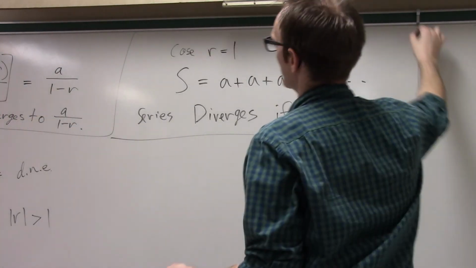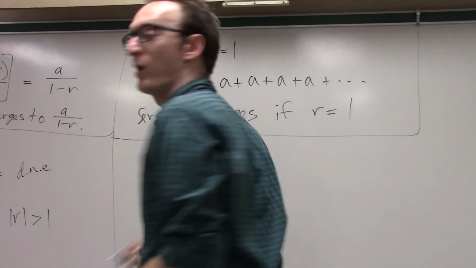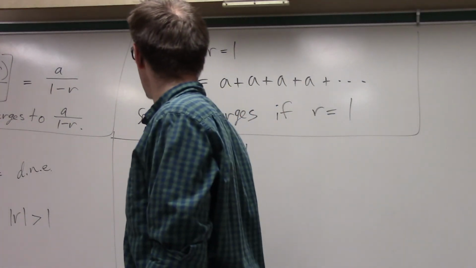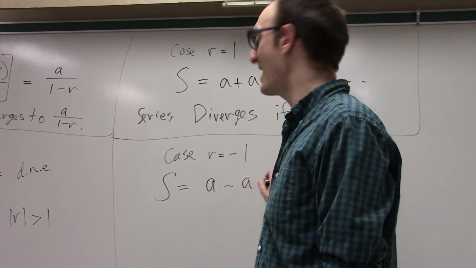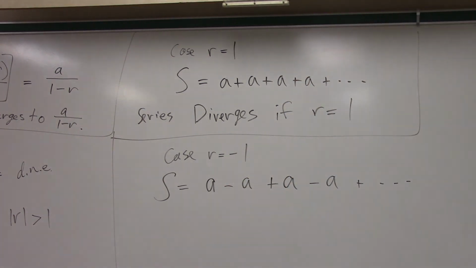Okay, last case. What if r is negative 1? This is actually the most interesting case of all. If r is negative 1, then my series looks like A minus A plus A minus A, etc. What is that doing? Let's look at the partial sums.